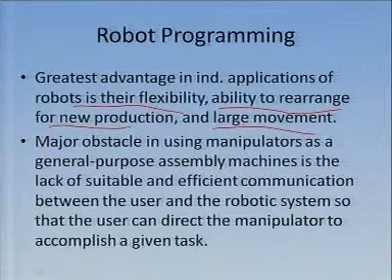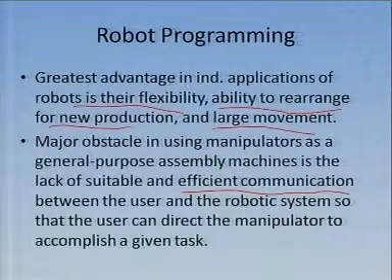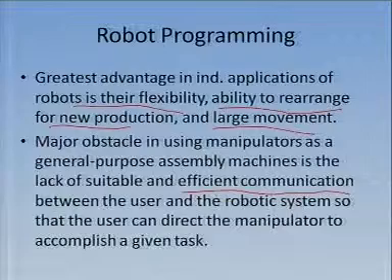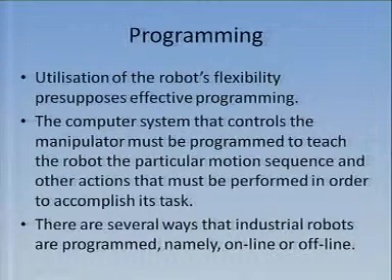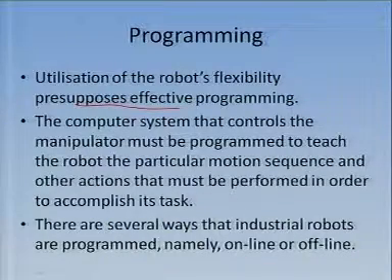Okay. So, the major obstacle in using a manipulator as a general purpose assembly machine is the lack of suitable and efficient communication between the user and the robotic system. So, we are talking basically about the programming aspect of it. Utilization of the robot's flexibility presupposes effective programming. So, we presume that you do good programming.